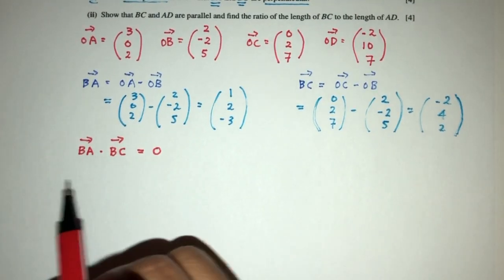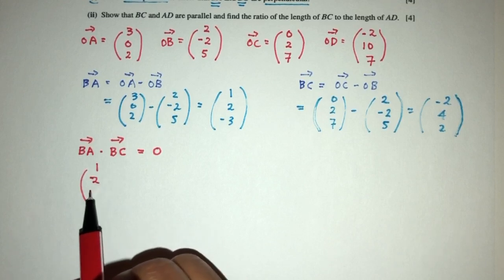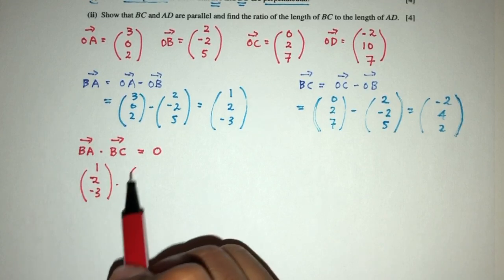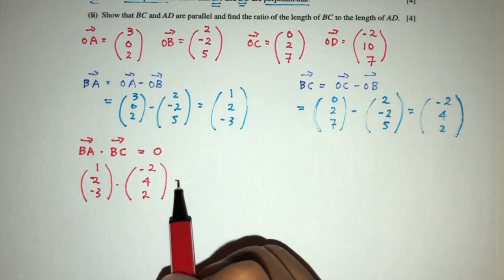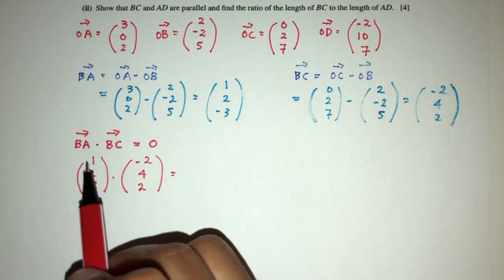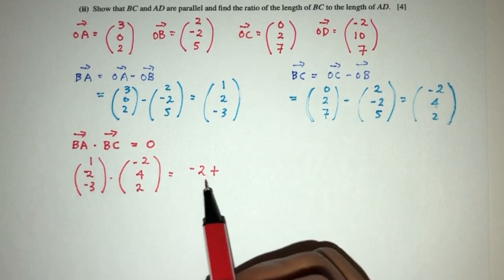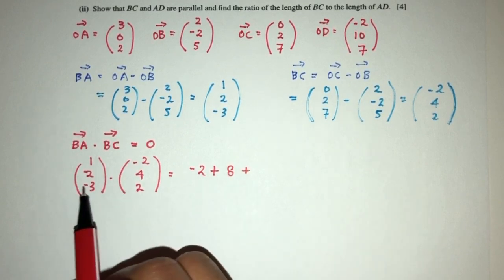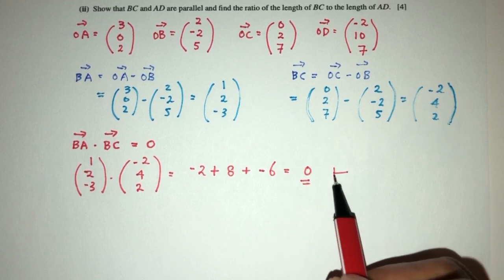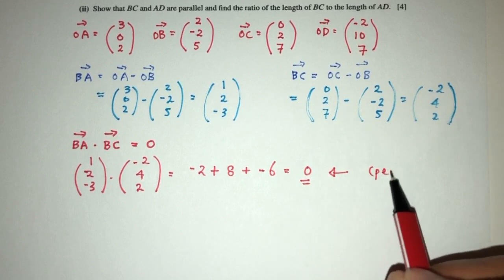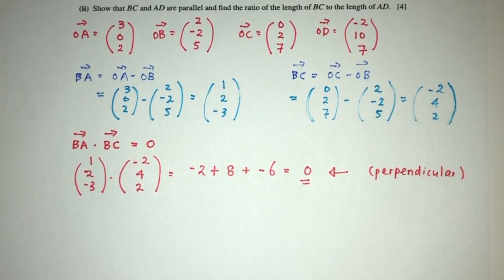BA is 1, 2, minus 3, and BC is minus 2, 4, 2. We do it one by one: 1 times minus 2 is minus 2, plus 2 times 4 is 8, plus minus 3 times 2 is minus 6, and this will be 0. Seeing 0 confirms they are perpendicular. That is part 1 of the question.